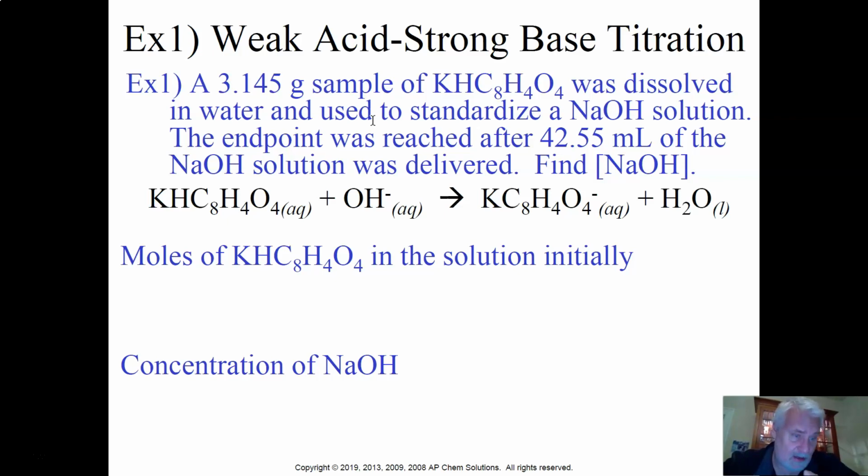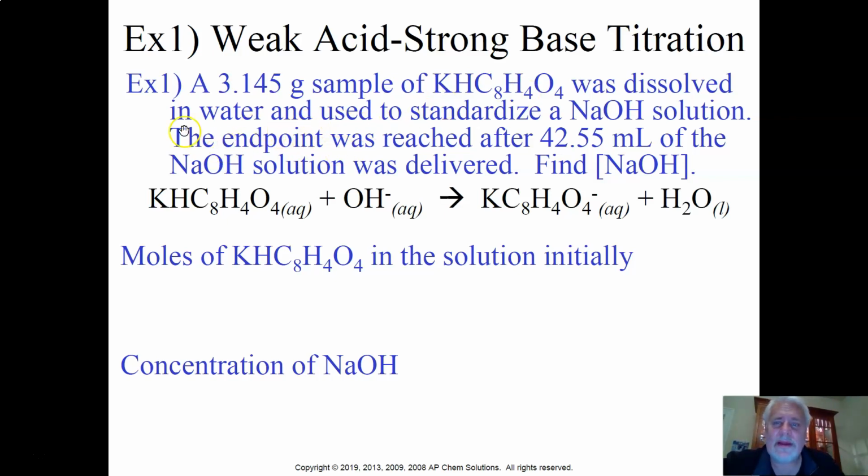You can find out what that concentration is by taking a standardized weak acid that is solid, and KHC8H4O4 is one that's used for that. I promise you I will get you the name of that eventually.